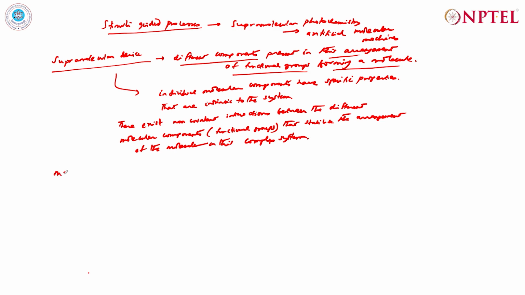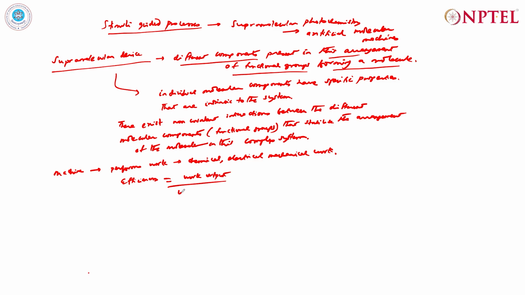So, what is a machine? A machine performs work. It can be chemical, electrical, or mechanical work, and the efficiency is very important for a machine. It is the work output by work input into 100%.